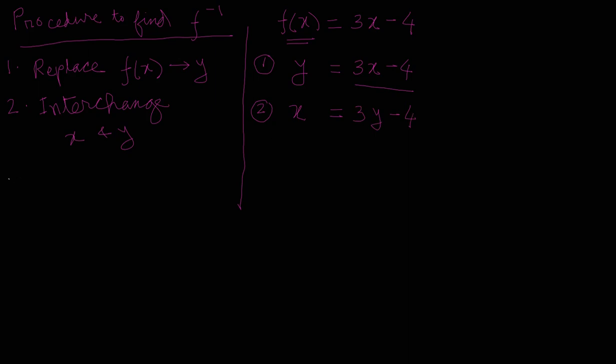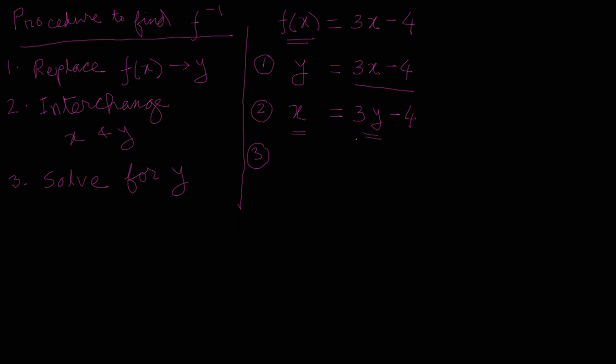Now step number 3 is solve for y in the equation. So let us see step number 3. In step number 3, I have x equals 3y minus 4.